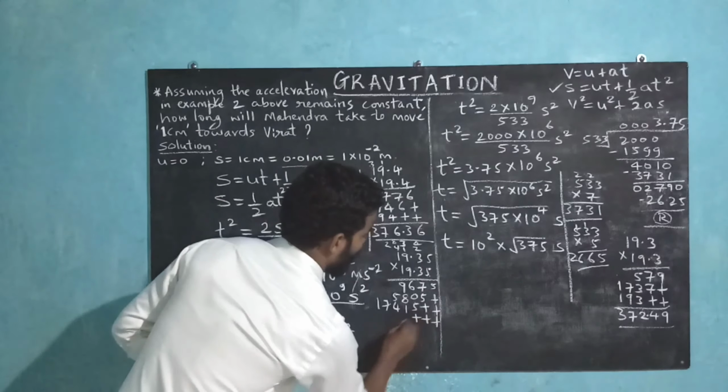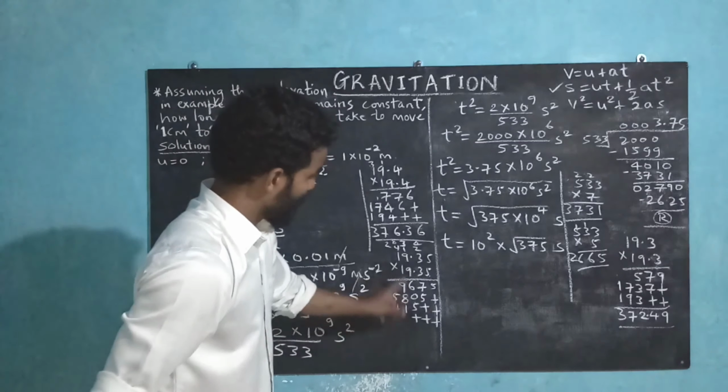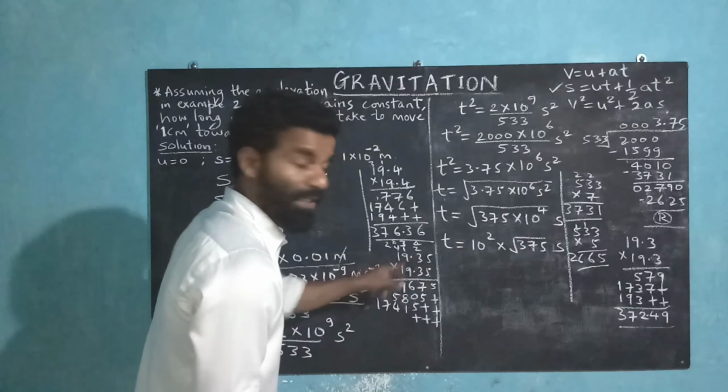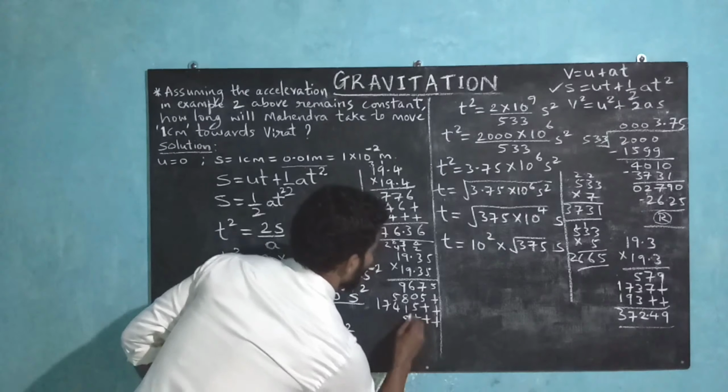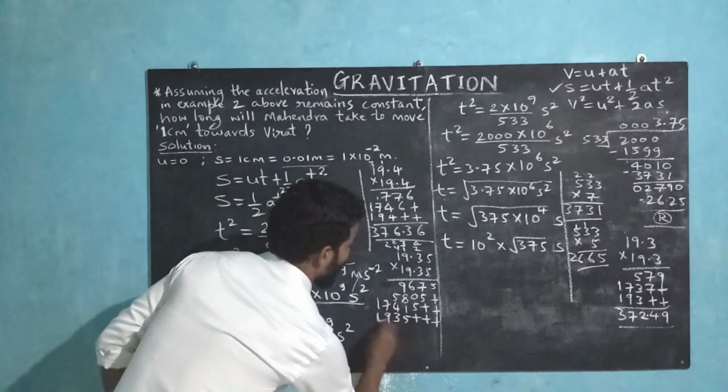Plus. Now again you have to multiply this one with all the numbers here. So this will be 5, this will be 3, this will be 9, and this will be 1.